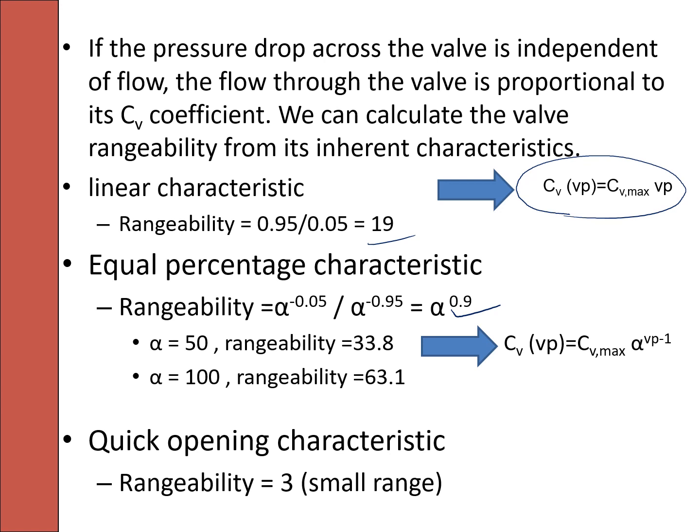For 50 it is 33.8, for 100 it is 63.1. For the quick opening characteristic, the rangeability is fixed, which is 3. This is the small range. When you get a question about rangeability, you may use this formula, and for quick opening, you can directly take the given value.